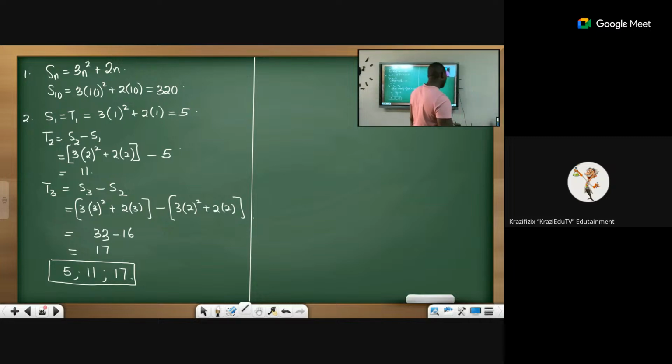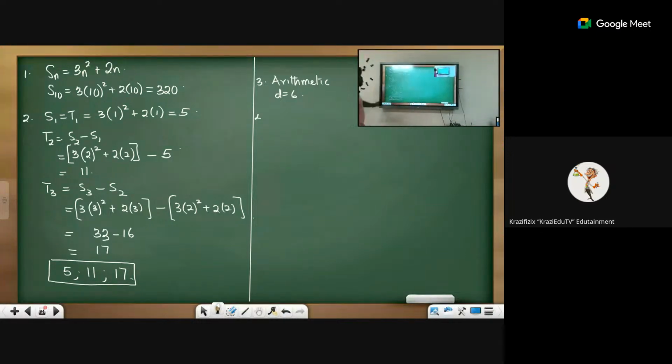It's arithmetic. You can see there's a common difference of 6 there. That is a giveaway question. Why? Common difference of 6. If they ask you why.